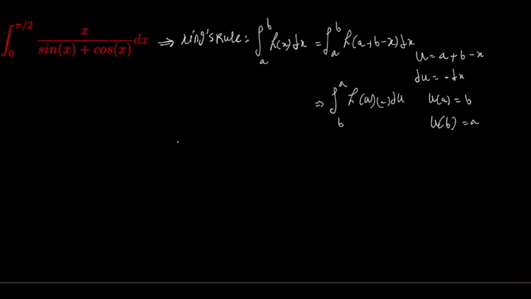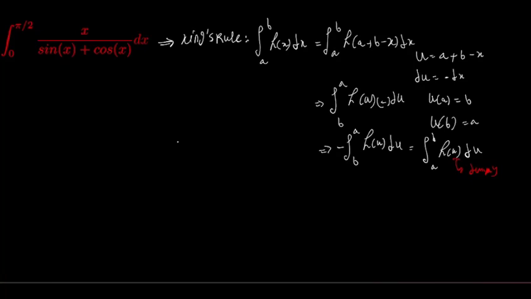Let's move the negative sign outwards. So it's equal to negative the integral from b to a of f of u du, which is exactly equal to the integral from a to b of f of u du. And of course, u is a dummy variable, so it doesn't matter if it's x, u, whatever. So we're going to see how this rule actually helps us to solve integrals.